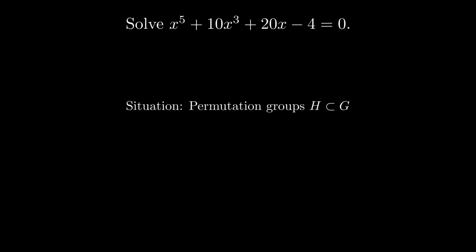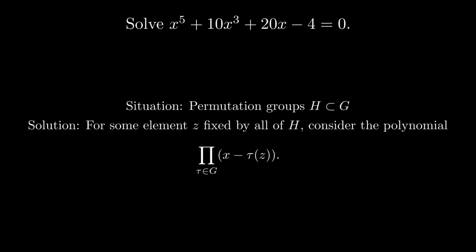The solution every time we hit upon this problem will be the same. Take the element you have and apply every element of G to it, and look at the polynomial with all those as roots. I'm sort of fudging here because tau should actually iterate over the left cosets of H, but this is good enough for this explanation.